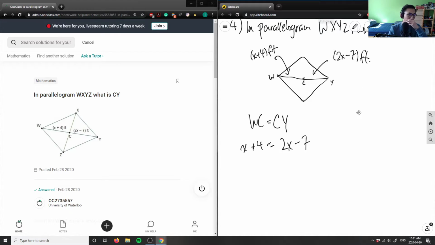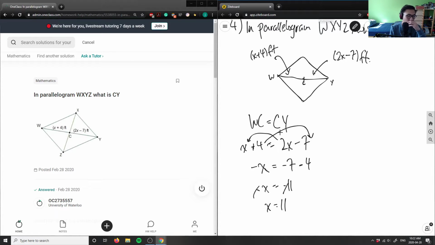So let's do it. I can collect my like terms, so I can move 2x to my left side here. So I have x minus 2x, which is negative x. And if I move plus 4 to the other side, I have negative 4 minus 4. So I have negative x equals negative 11. If I divide both sides by negative 1, I get 11.